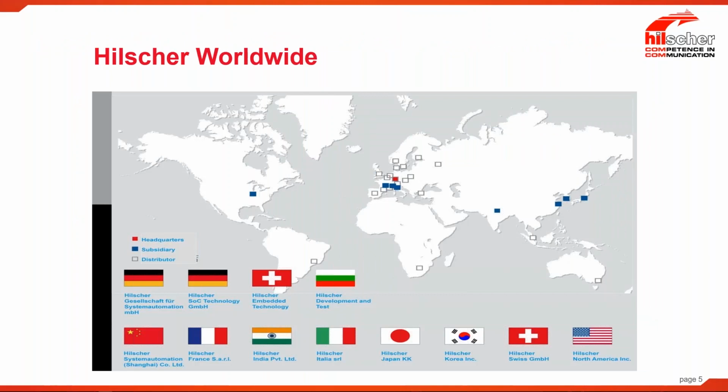We are a global company. The U.S. is the largest wholly owned subsidiary of Hilscher, but we have a large presence throughout the globe, in all continents, and we focus on providing that technology wherever we are at. So we are global, but we also focus locally.